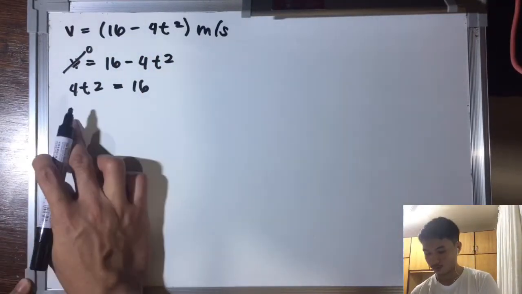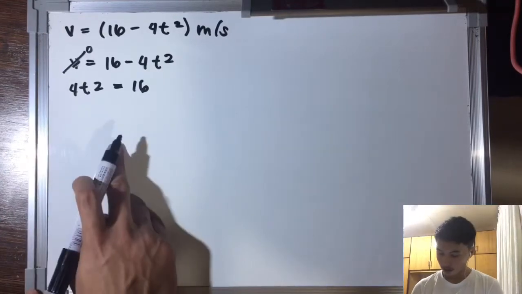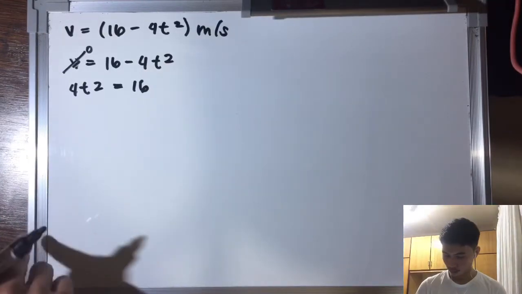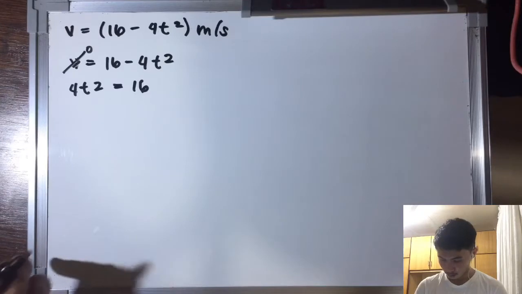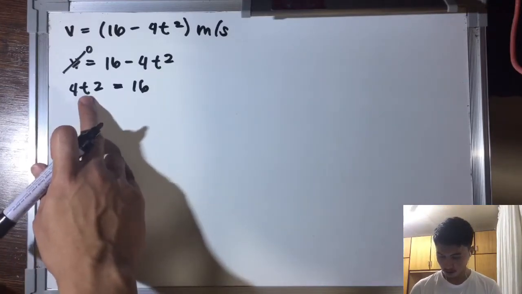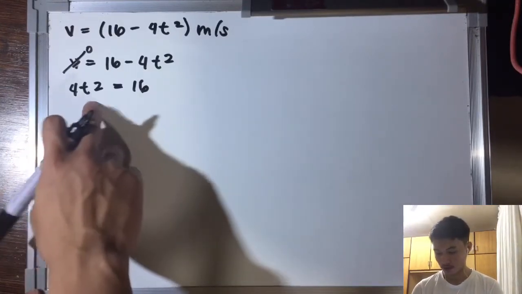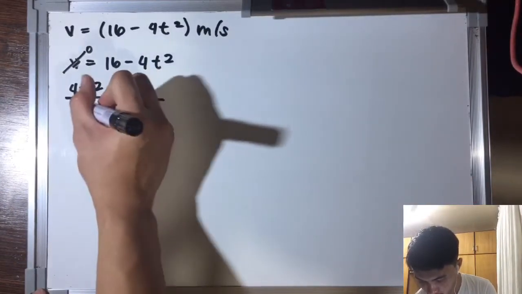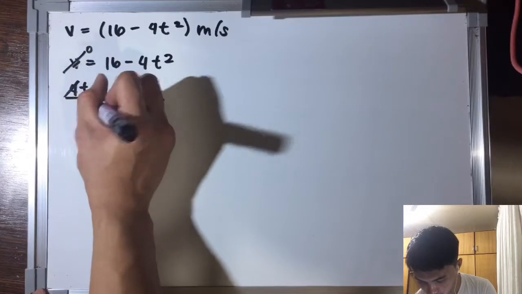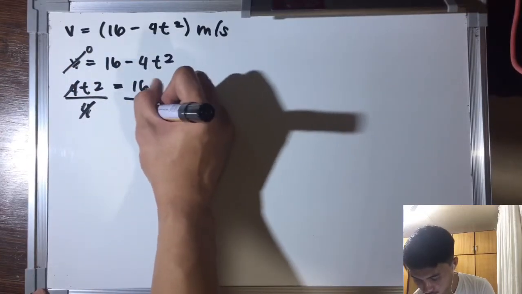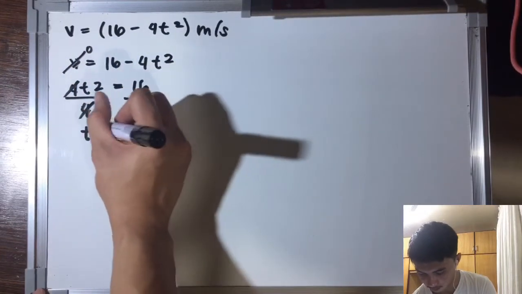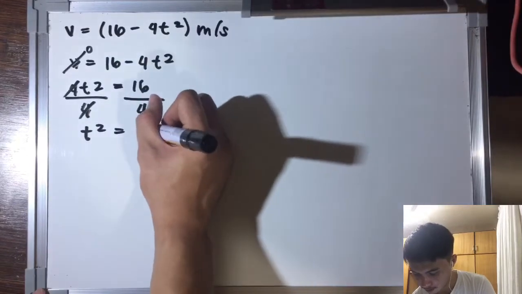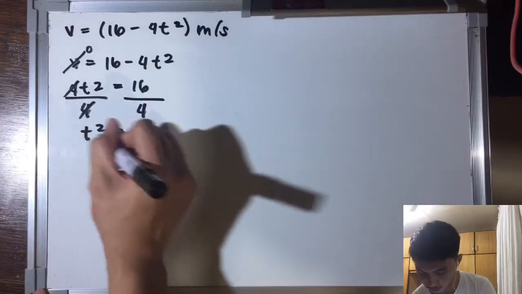Now we are going to find a way to just leave the variable t on the left side. The first thing that we can do is divide both sides by 4 to omit the coefficient 4. So 16 divided by 4 is 4.